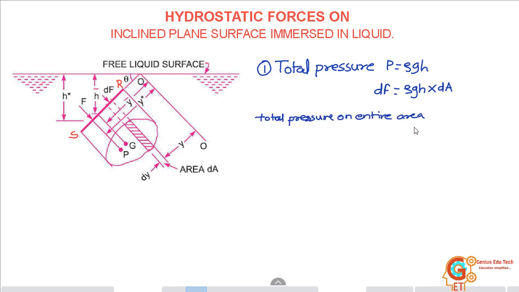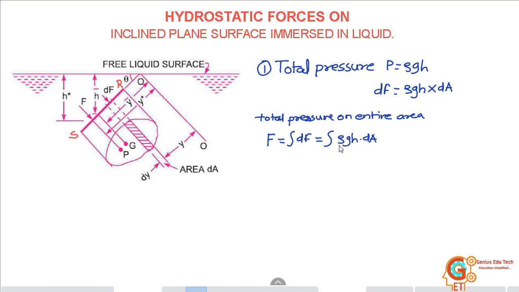So total pressure on entire area is given as F, which is equal to integration of dF over this entire area, which is equal to integration of rho gh dA.